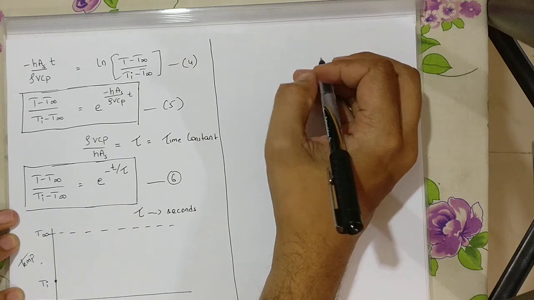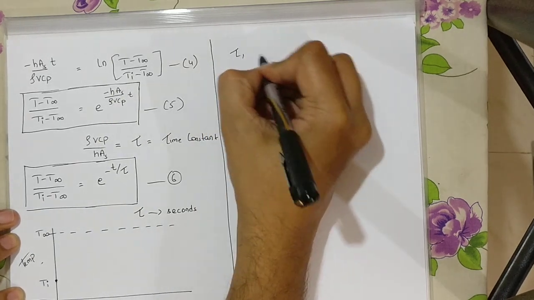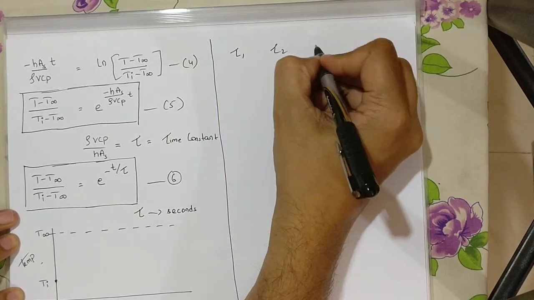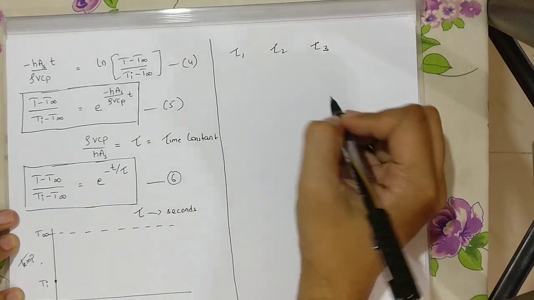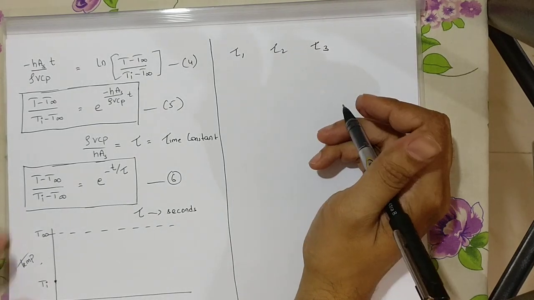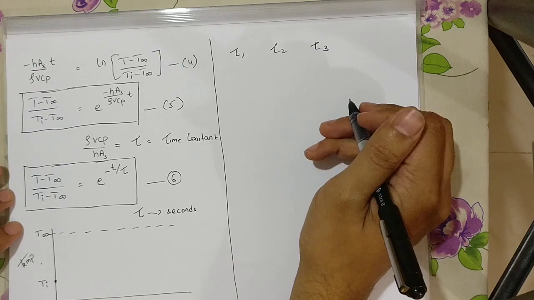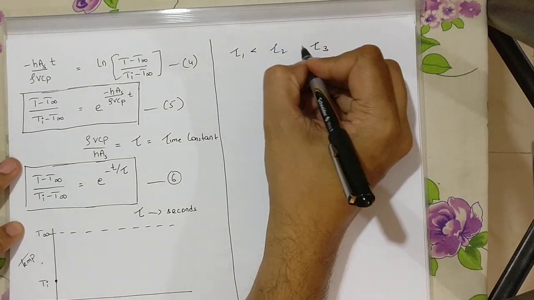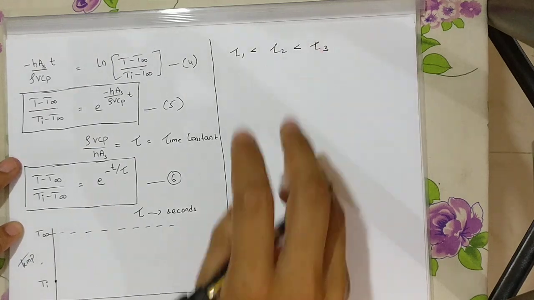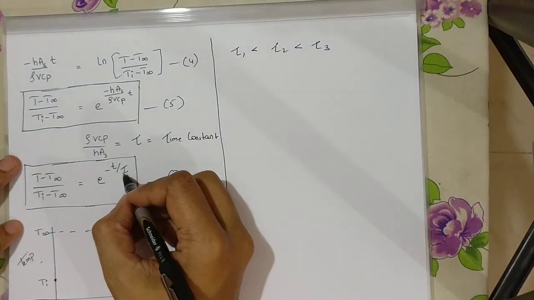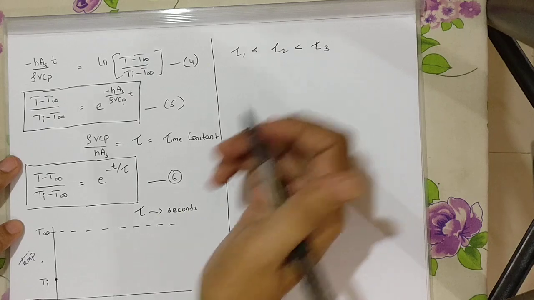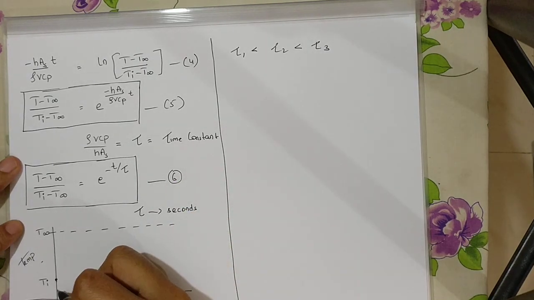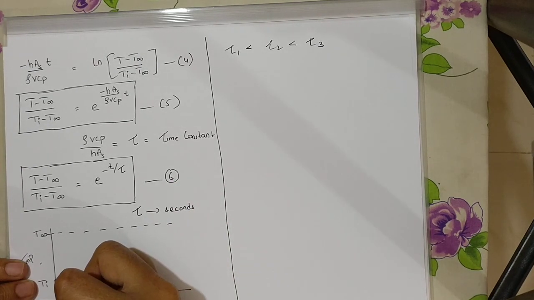Now let me consider there are three bodies with some tau 1, tau 2 and tau 3. Let us assume there are three bodies with different material properties, such that tau 1 is lesser than tau 2, lesser than tau 3. If you plot a graph with these values of tau 1, tau 2, tau 3, we will get something like this.